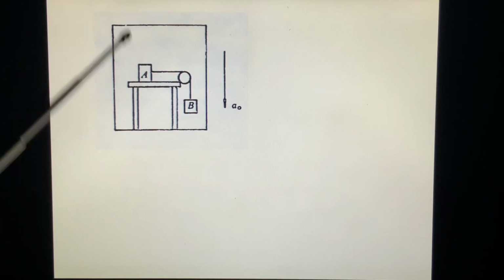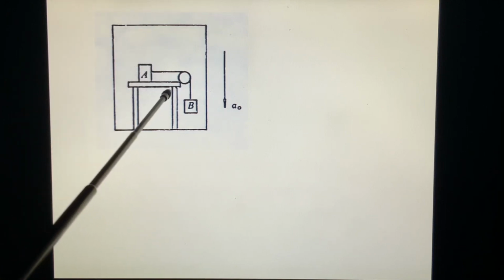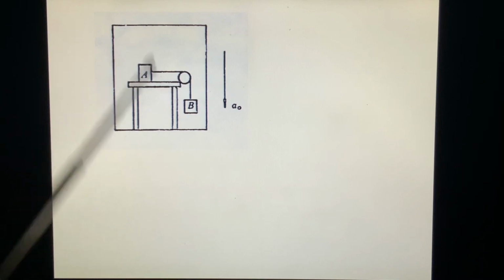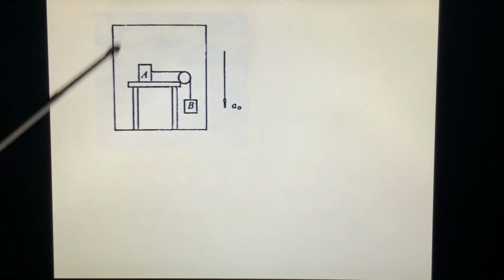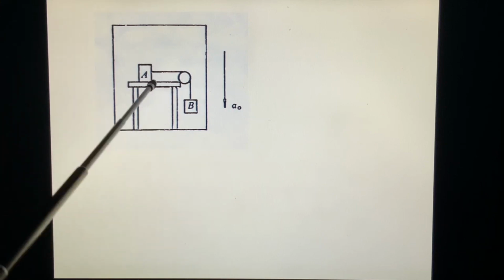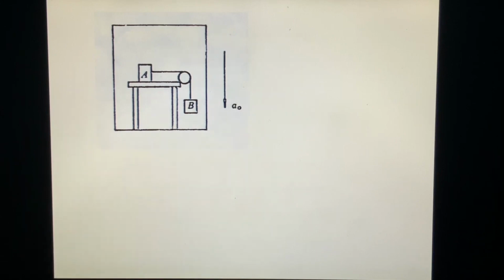So if you take the elevator as the reference, this reference frame is not an inertial frame, because in an inertial frame, where you can apply Newton's law, there should not be acceleration. That's the issue of this question.